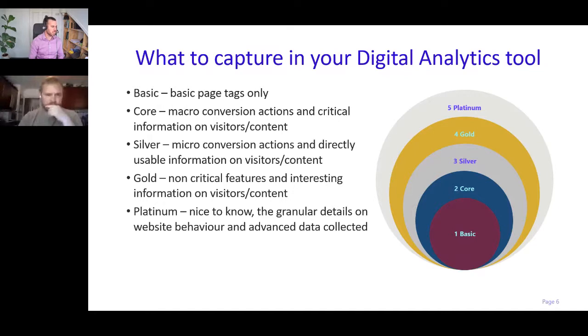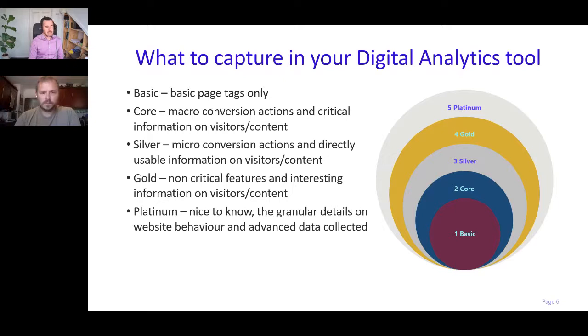That's what I mean by the basic page tags and default information, like getting the number of users, sessions, page views, a page name based on the URL, your bounce rate, new returning, the device, the country. That comes by default. That's my level 1. Level 2 is what I've gone through today and what that checklist is. That's my opinion on core level tracking for any retail e-commerce website. That's what I think core is.